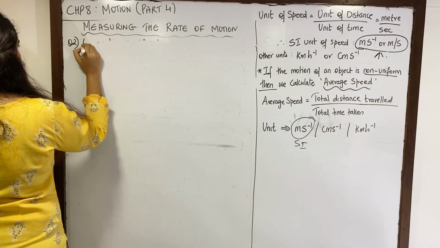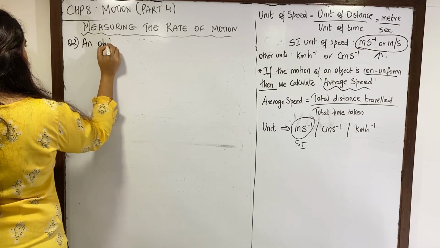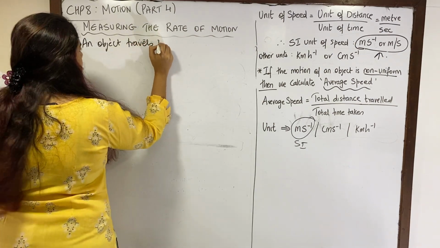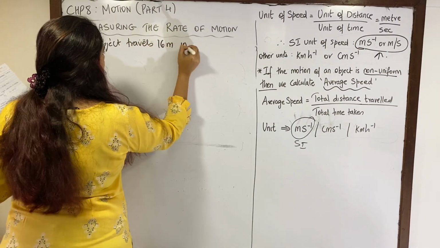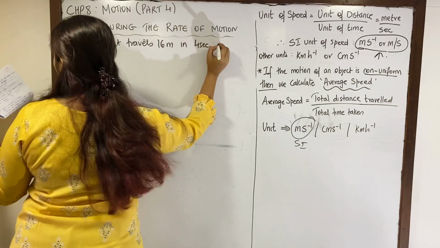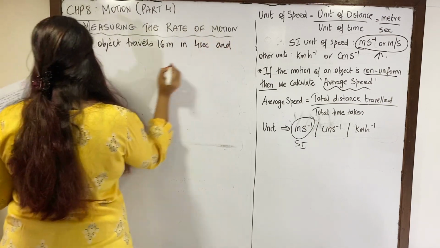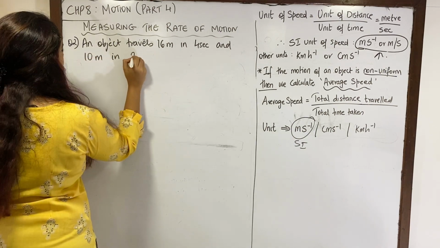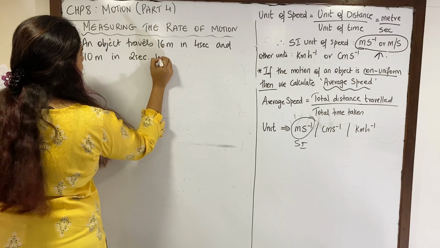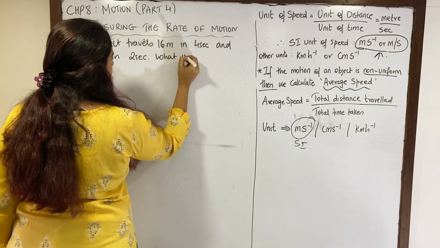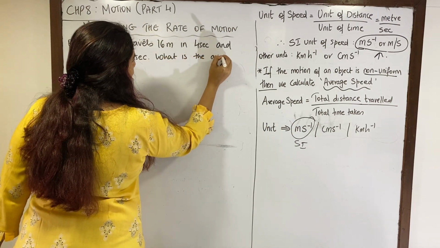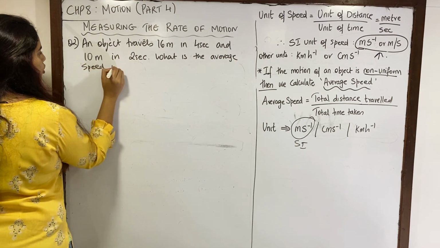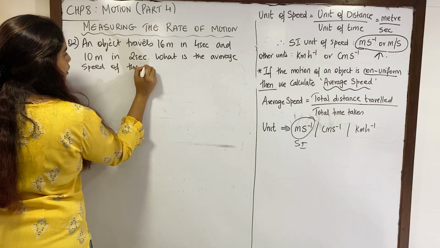The next question is, an object travels 16 meters in 4 seconds and 10 meters in 2 seconds. What is the average speed of this object?